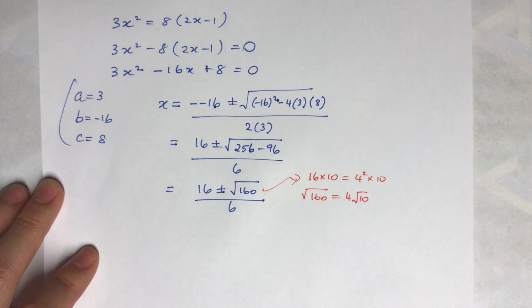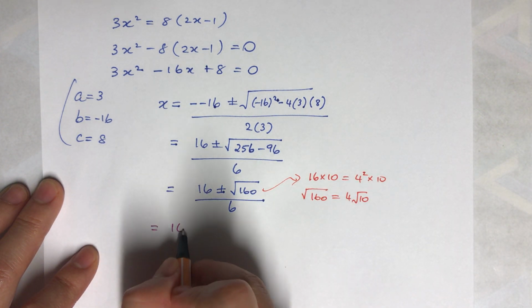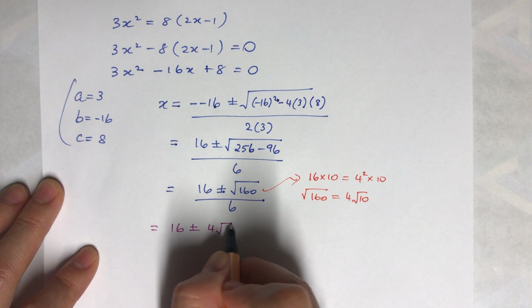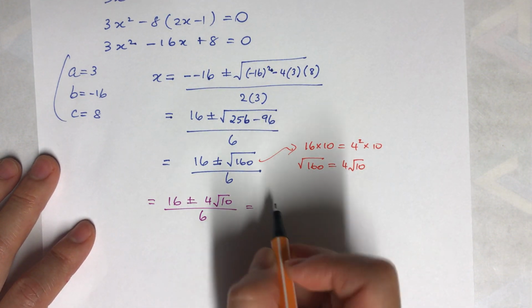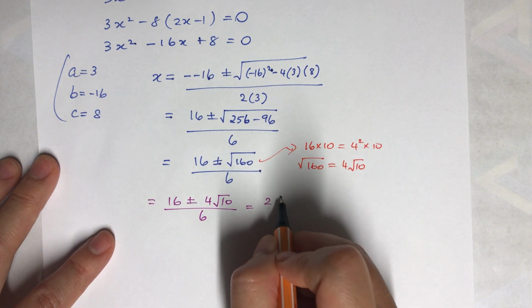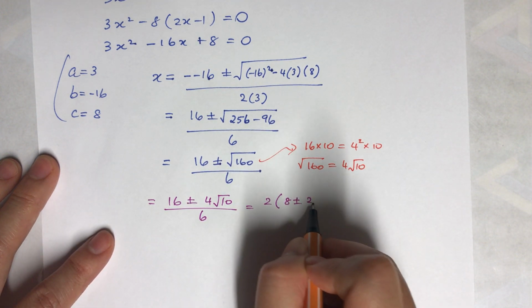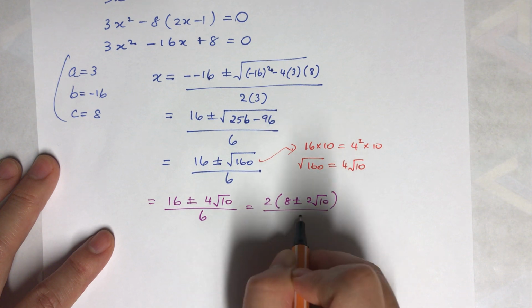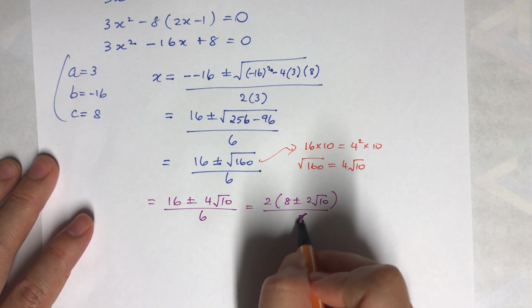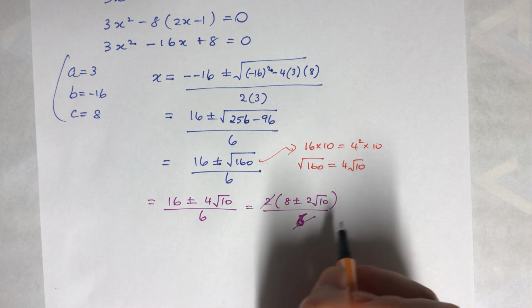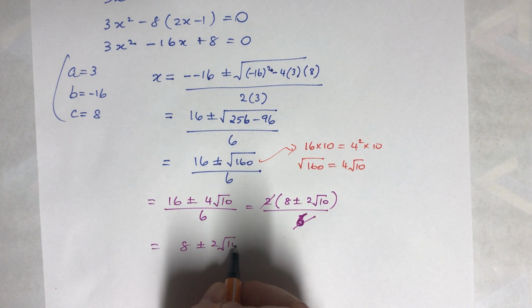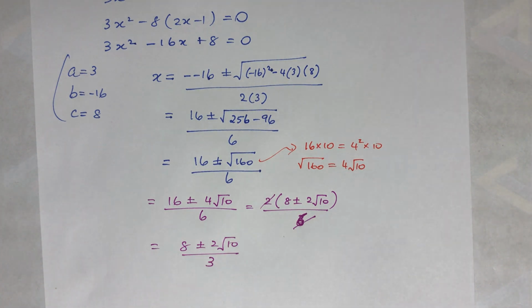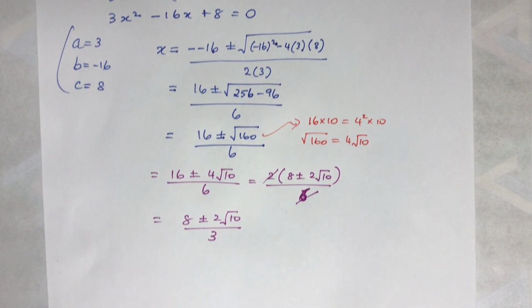Okay, so I'm going to put that in there as 16 plus minus 4 root 10, over 6. And if I take 2 out, oops, 6. So it would be 8 plus minus root 10 over 3. Okay, so that's what I got.